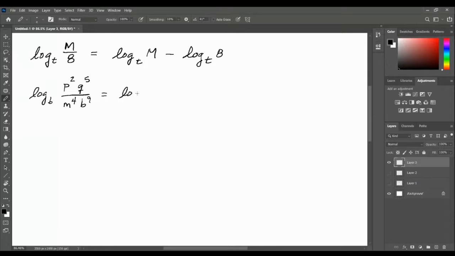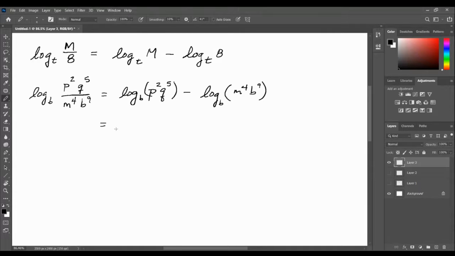So I've got log base b of p squared q to the 5th. I'm going to put that in parentheses because it's still the log of that product, minus the log base b of m to the 4th b to the 9th. And now I've got some product rule in here.